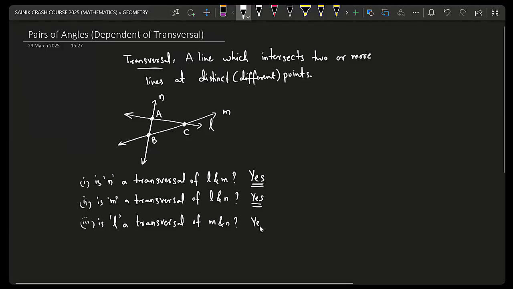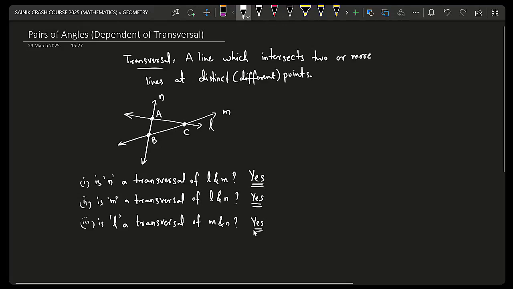Why? Because it is intersecting M and N. Is L intersecting M and N at different points or same points?